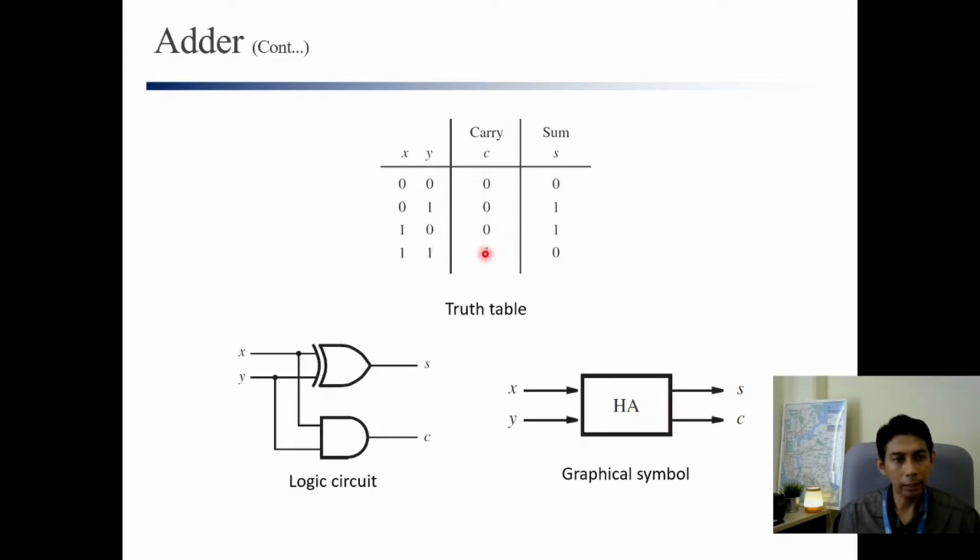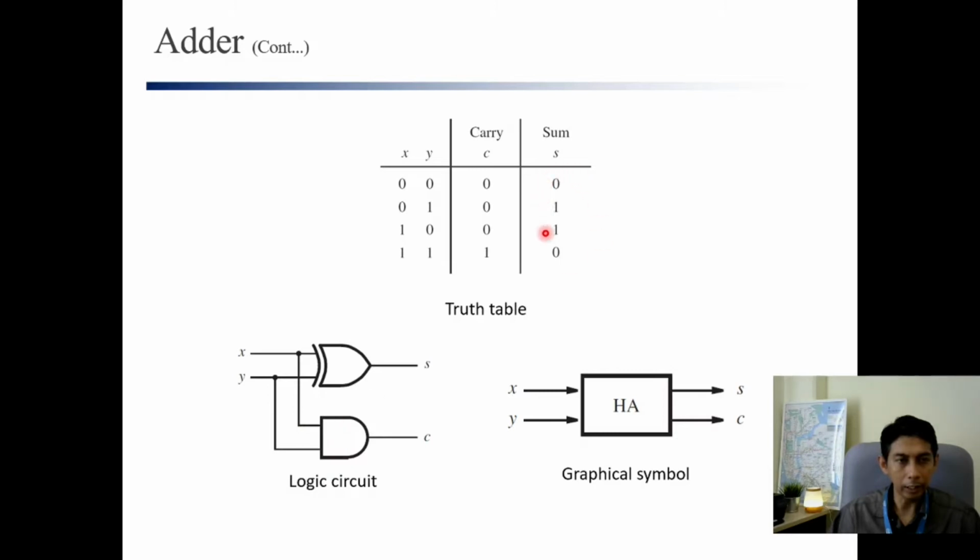Looking at the characteristic of carry, it is clearly an AND gate: 0 0 gives 0, 0 1 gives 0, 1 0 gives 0, and 1 1 gives 1. This is exactly the AND gate, so we can get C with an AND gate like this.